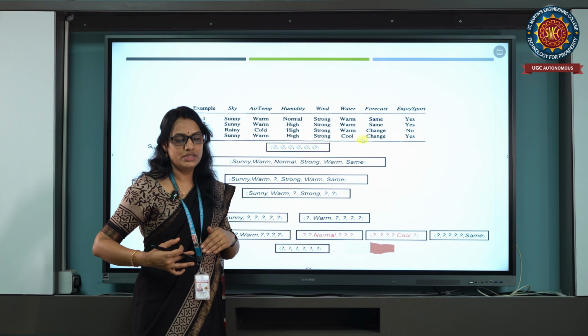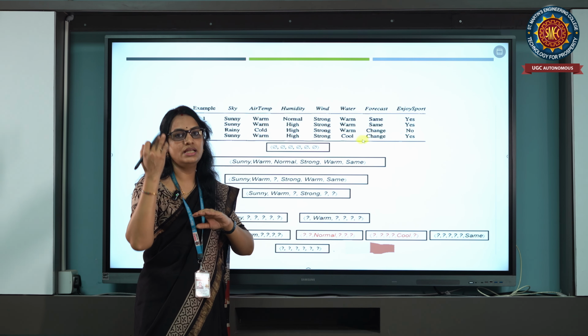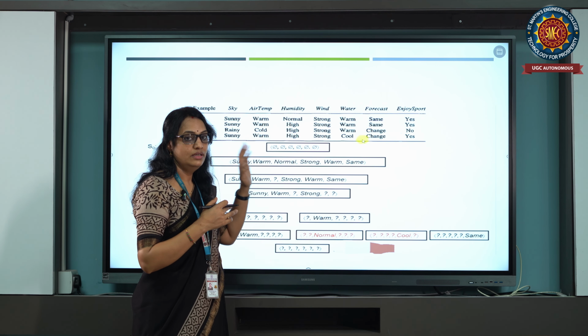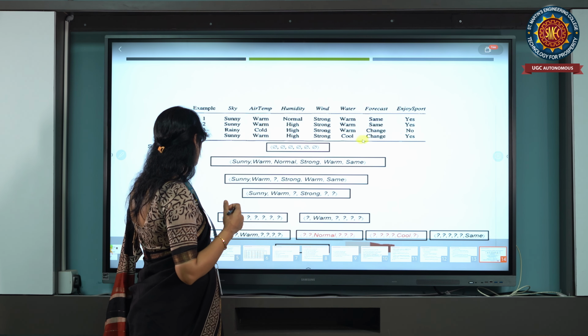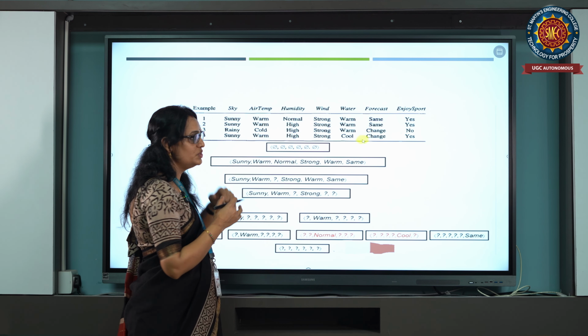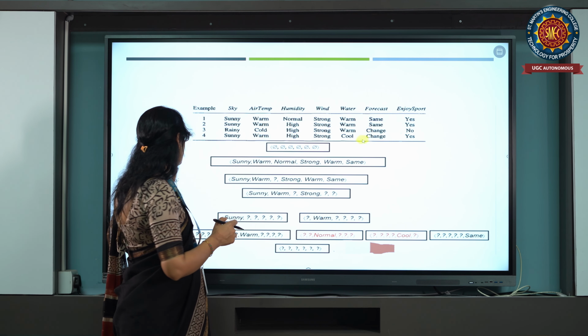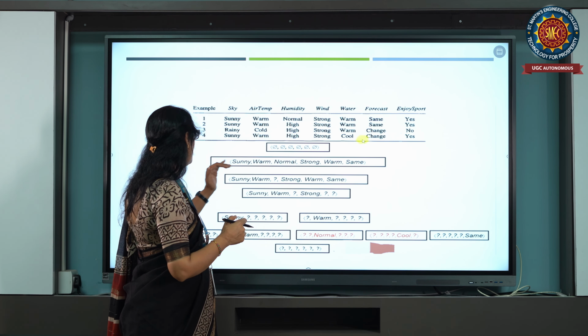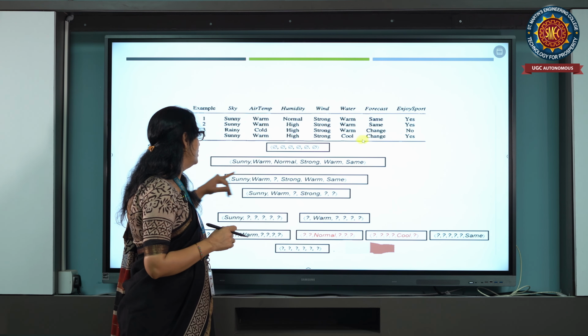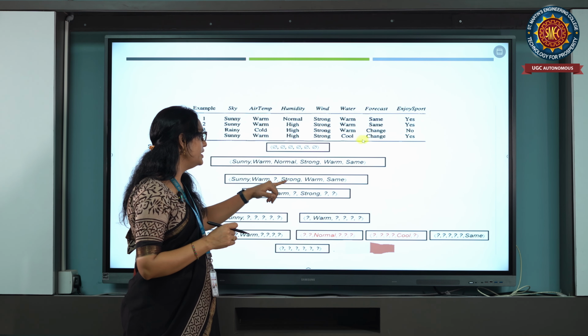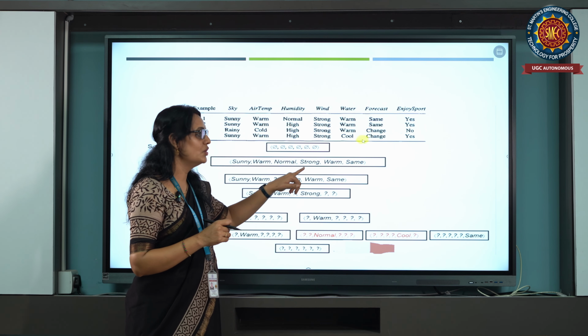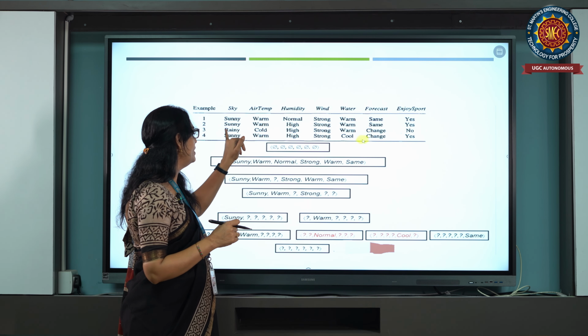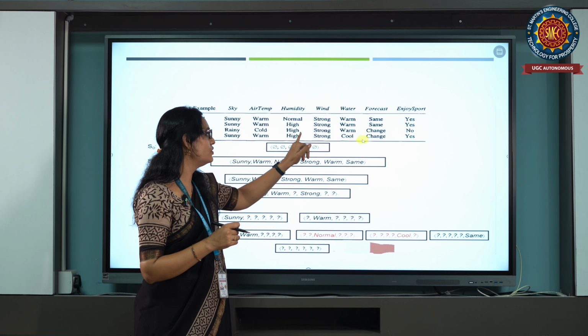Till now, for positive examples, we have started with the general hypothesis. But for negative examples, you have to start with the most specific hypothesis. So here the most specific hypothesis has the values sunny, warm, question mark, strong, warm, same. And the negative example has rainy, cold, high, strong, warm, change.